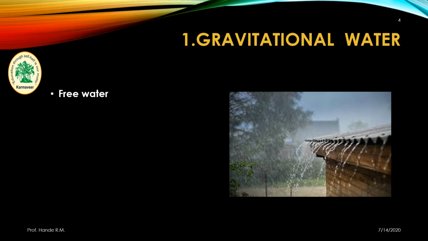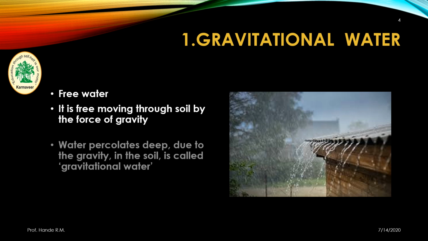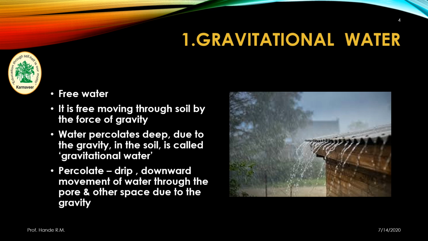Water percolates deep due to gravity in the soil. What is meant by percolate? Percolate means drip, or downward movement of water through the pores and other spaces due to gravity.